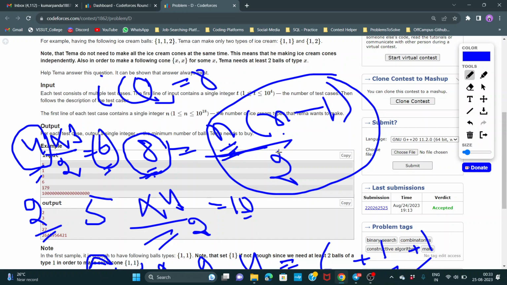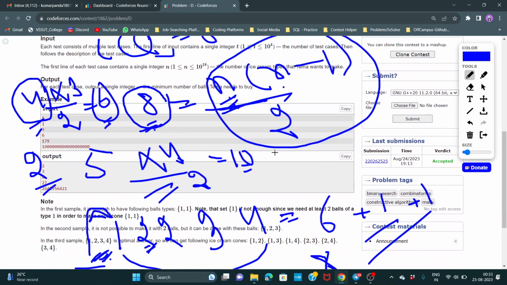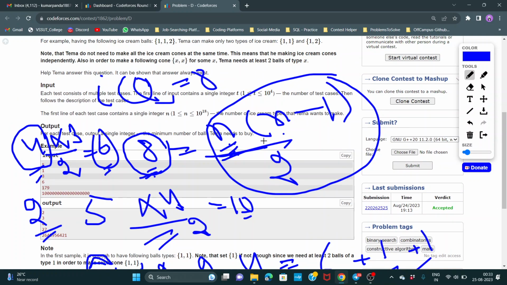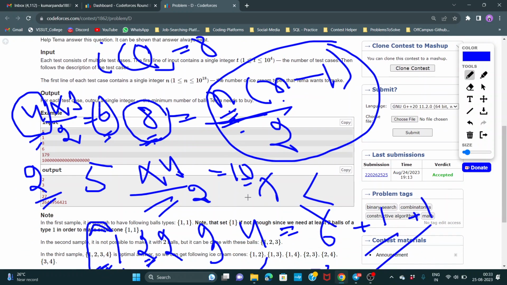Okay, I can show my code for this problem, because this was the whole solution. Just find n, and that n should satisfy the condition that n into n minus 1 by 2 should be less than or equal to the ice cream value.